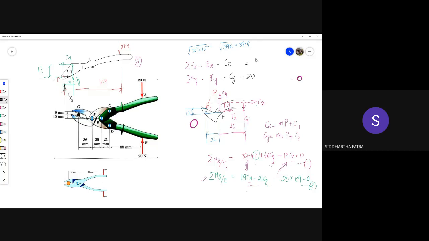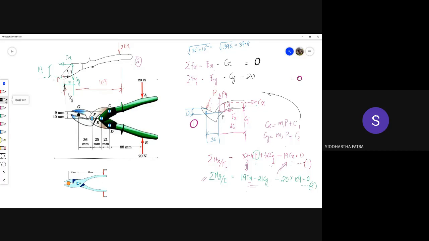Now if I substitute these two expressions into these two equations, I'll have Ex and Ey in terms of P. Individually, I'll have Ex and Ey in terms of P. So basically, I have two unknowns Ex and Ey, but both in terms of P. So P is my only unknown right now when it comes to E.